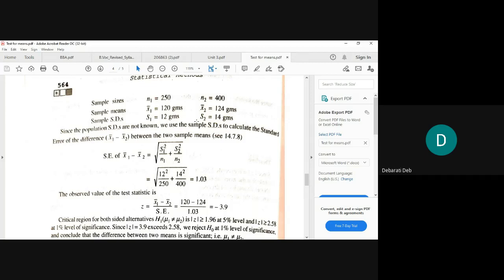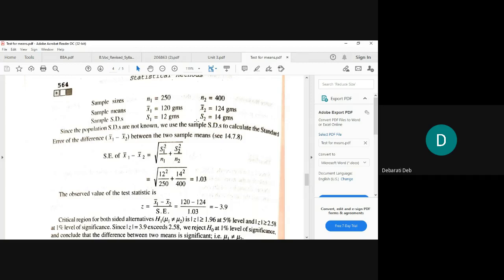We denote sample means by X bars, right? So here also we write X1 bar equals 120 and X2 bar equals 124.